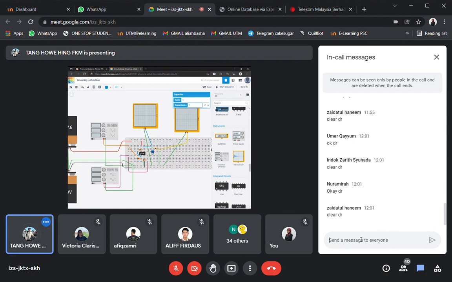According to the calculation just now, the capacitor has to be 1 picofarad, and then the resistor is desired to be 65 kilo ohm.